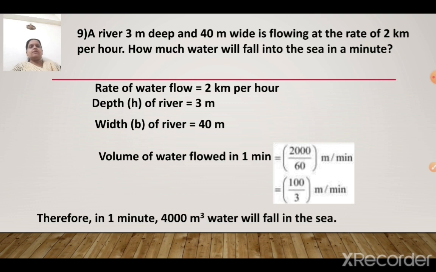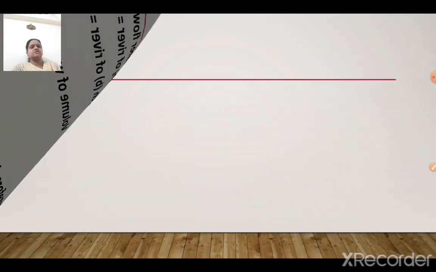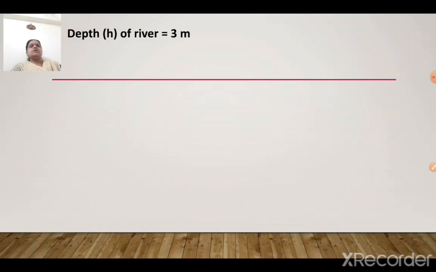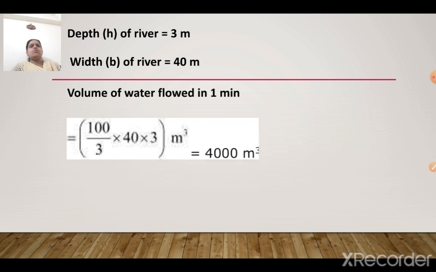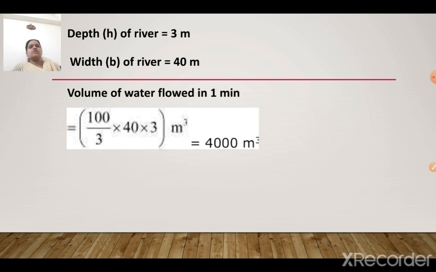Therefore, in 1 minute, what is given? 4,000 meter cube. So how will you get this answer? Let us see the next step. Depth h equals 3 meter, width equals 40 meter, volume in 1 minute is 4,000 meter cube. How did you get this?